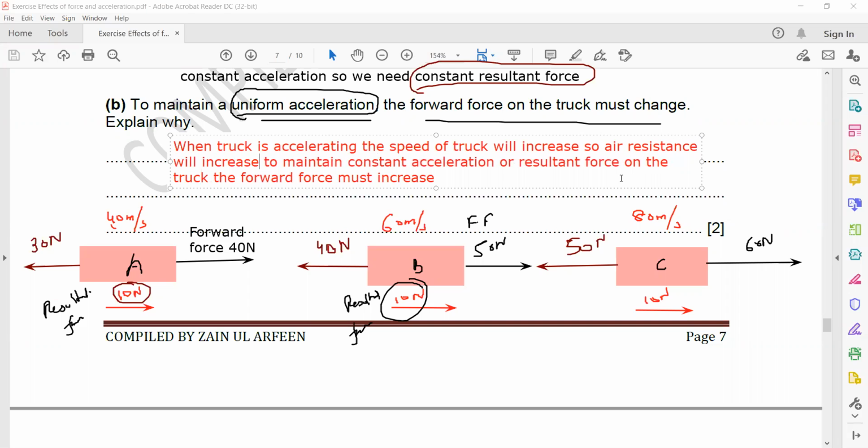To maintain a constant acceleration or resultant force, the forward force must increase so that we have a constant acceleration. Is it clear, this part?